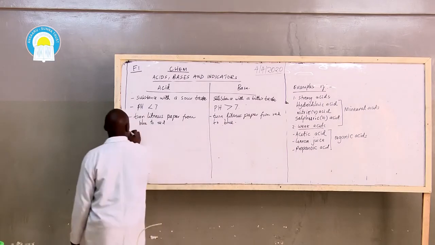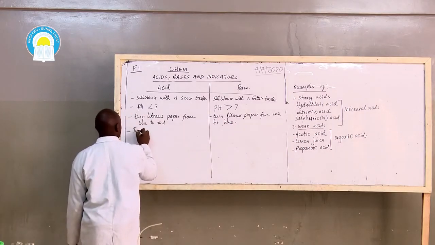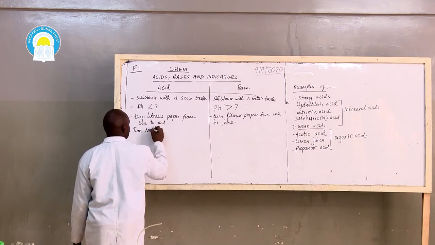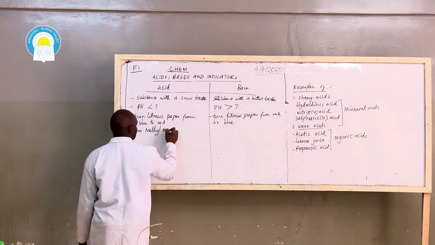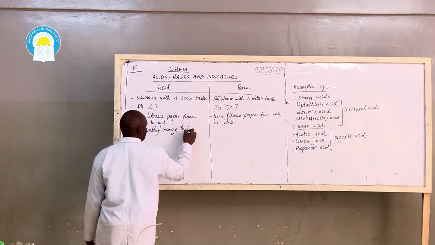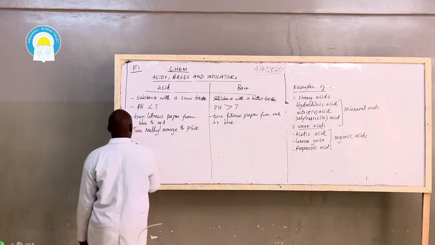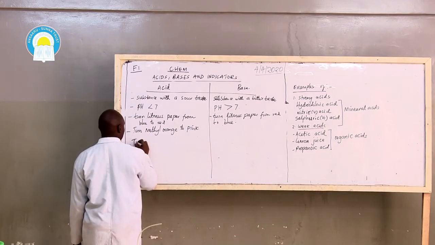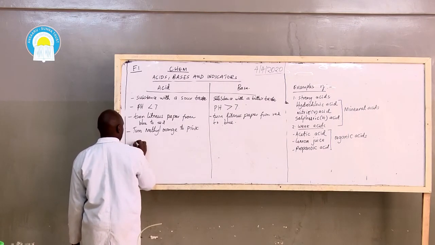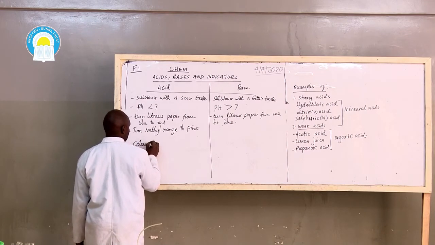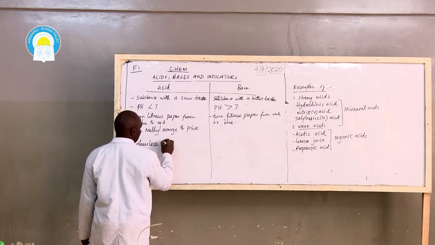An acid is any substance that will turn methyl orange to pink, and it will be colorless in phenolphthalein.